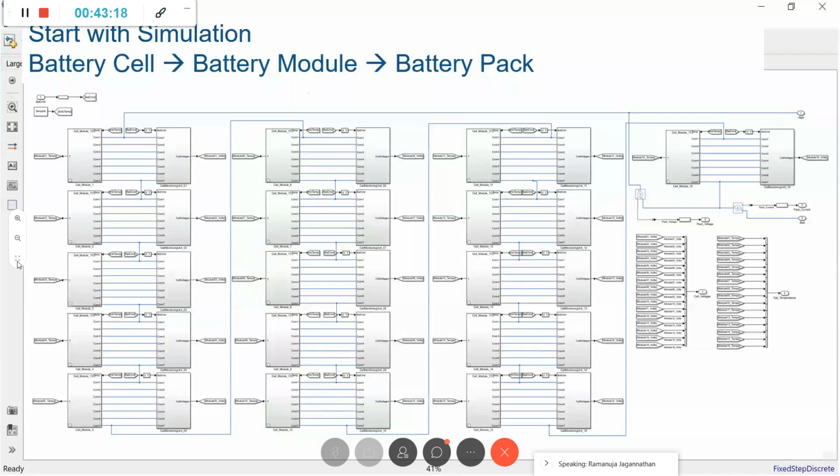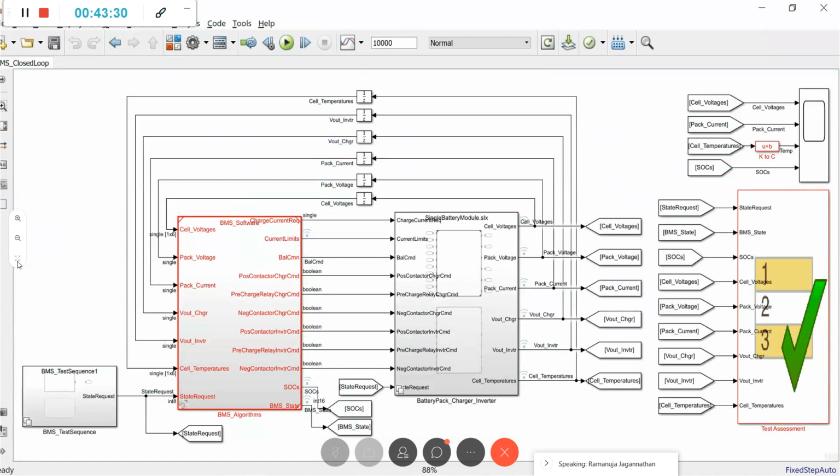Next, we connect the battery modules in series-parallel combinations to get the battery packs, what we actually have in the setup. Once we have made the battery pack models, the next step would be to develop some control algorithms to design the safety aspects of the battery. Here we have the plant model, which is basically the battery module we saw.